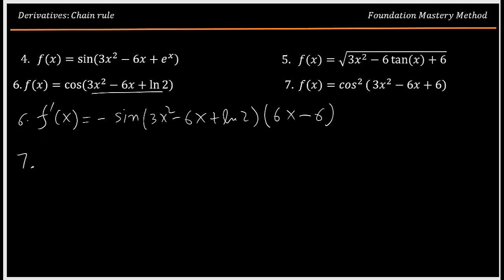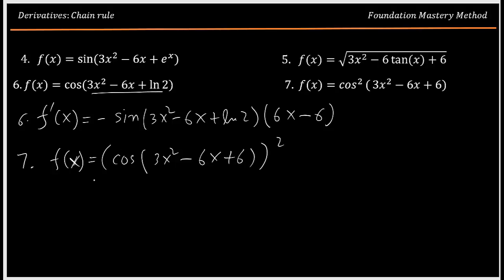Next I'm going to number 7. This one is cosine squared, so we have to be careful now. We have f of x equals cosine 3x squared minus 6x plus 6. We can write as squared outside. So then derivative will be now 2 cosine 3x squared minus 6x plus 6.